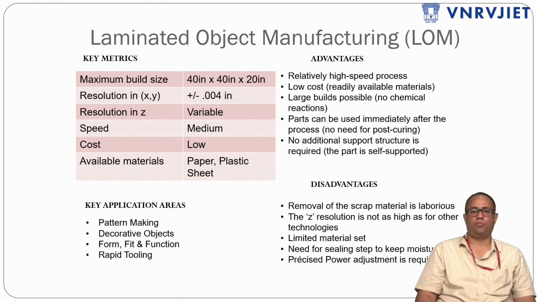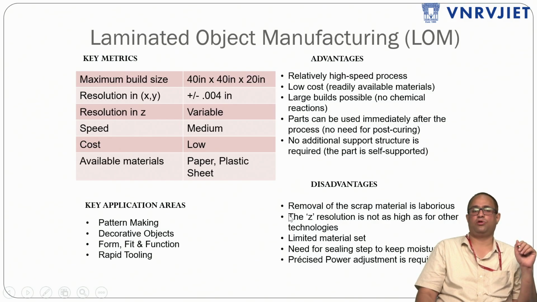The maximum build size is 40 inches by 40 inches by 20 inches, resolution is plus or minus 0.004, and speed is medium. The available materials are all in sheet form: paper, plastic and sheets. Key applications are pattern making and decorative objects, form, fit and function. Rapid tooling is used for making small patterns.